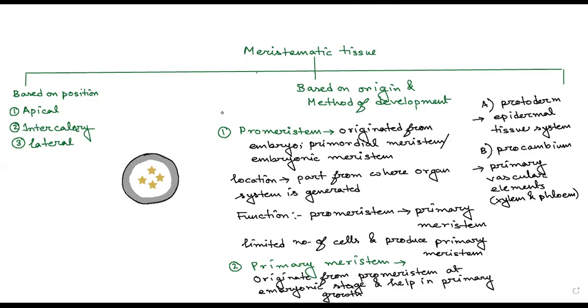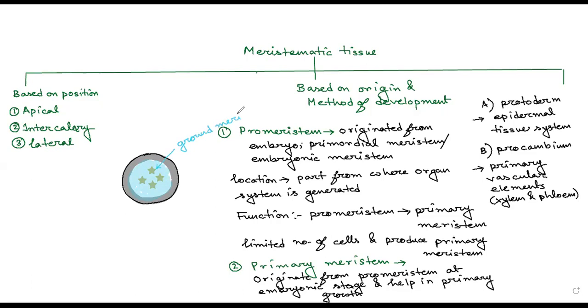Class? These xylem and phloems, can they float in air? Or do they require some kind of tissue in which they can be suspended, which I am indicating by this blue? What do you feel, class? Yes, ma'am. So this tissue which is present here is called ground meristem.